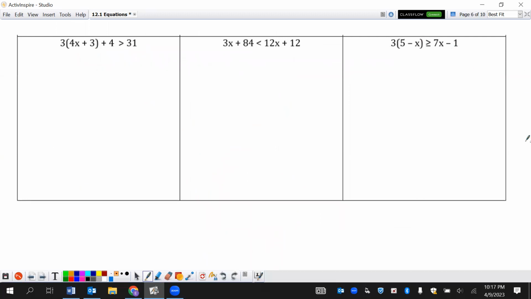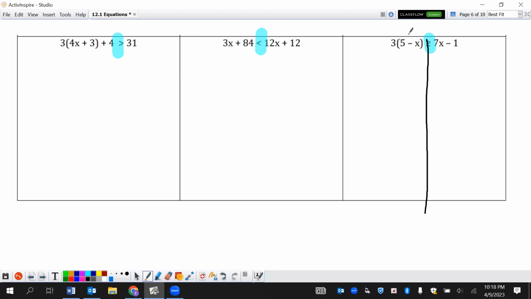On the very last row of this page, you have inequalities. So the difference now is that instead of an equal sign, you have those inequality symbols. And so the example that I want to do with you guys is this last one right here. Very similar to equations, we draw a line through the inequality symbol and then we solve it just like we solve an equation.